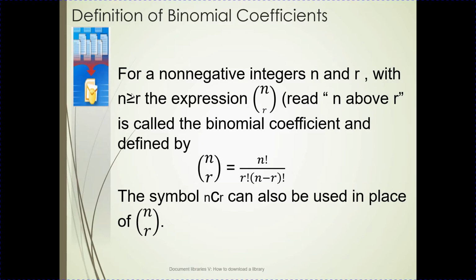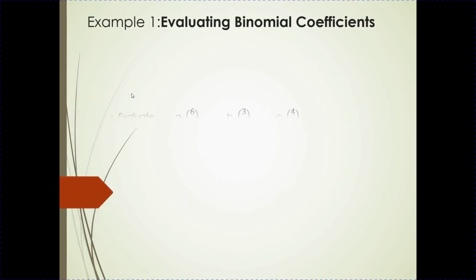Now using this formula, let's go to example 1. Example 1 is about evaluating binomial coefficients. In example 1, you are asked to evaluate the following binomial coefficients. In order to find the binomial coefficient, as we said earlier, we need to use the formula n above r is equal to n factorial over r factorial times n minus r factorial.